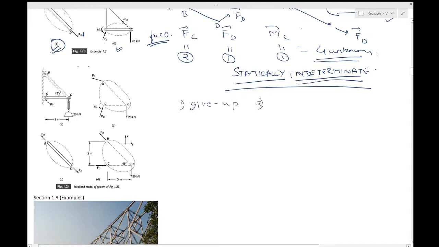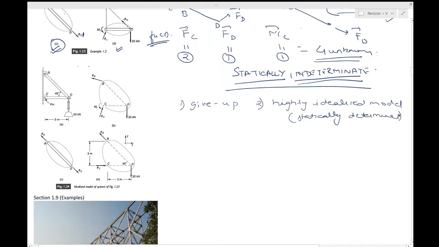The second is to take a highly idealized model, which is statically determinate.